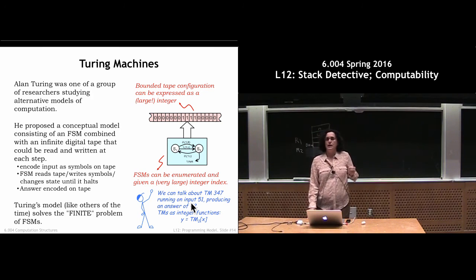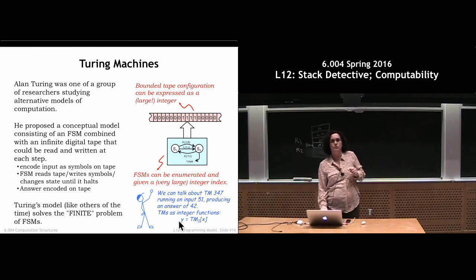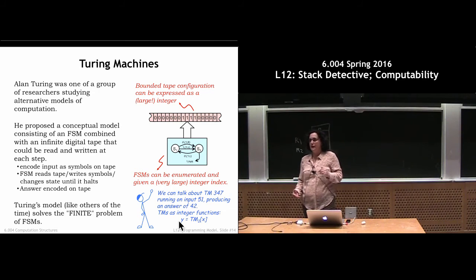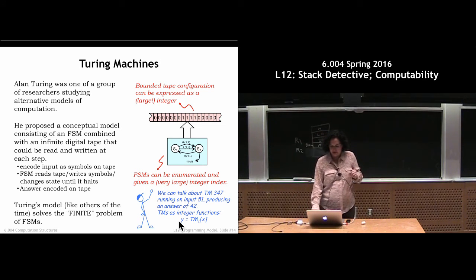So in other words, we've defined our Turing machines to basically be a function of integers. Specifically, what this is saying is that Turing machine I, which happens to be 347 in this example, given the input x, which is 51 in this example, is known to produce the output 42. Okay? And so this gives us a way of thinking about our Turing machines as integer functions.